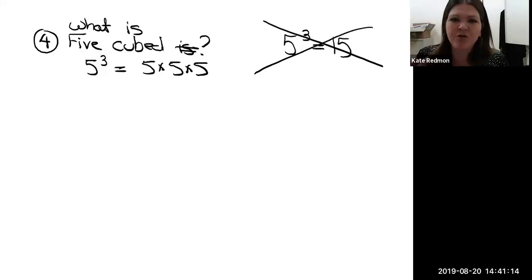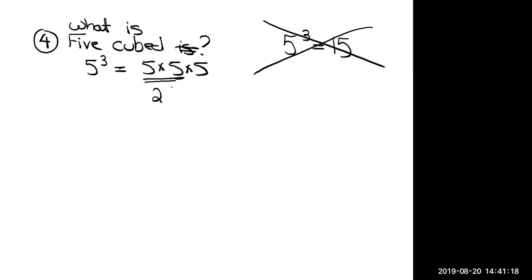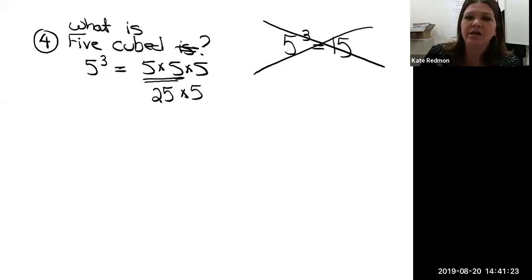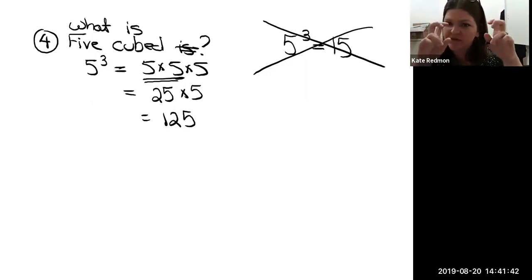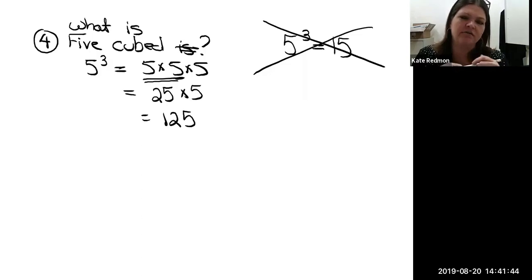And yet there's no way, because just 5 times 5 is already 25. And if I multiply by another 5, well, I've got something huge. Let's count by quarters. 25, 50, 75, 100, 125. So because I did say what is 5 cubed, that does imply that I would like that equal sign. I would like you to simplify, find out what the answer is, as GED students very frequently call it.